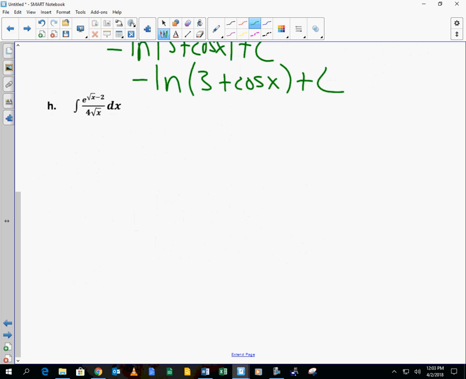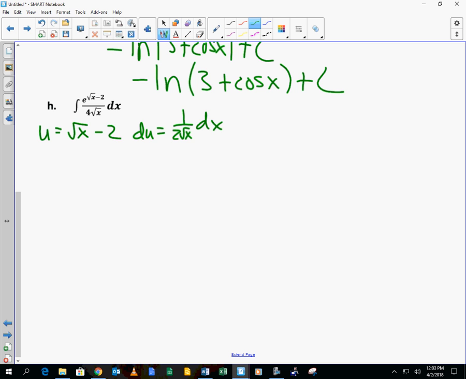Last example, what is u? Root of x minus 2. What's du? What's the derivative of the square root of x? 1 over 2 roots of x dx. Do I have a 1 over 2 roots of x dx? No, I just have a 1 over 4 roots of x dx.